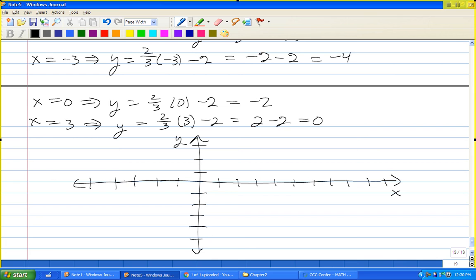Okay, so let's see. When x is -3, y is -4. When x is 0, y is -2. When x is 3, y is 0. Okay, so let's try to sketch this.